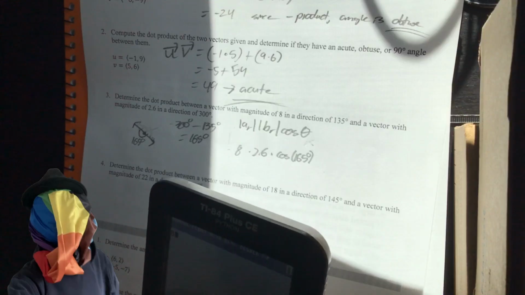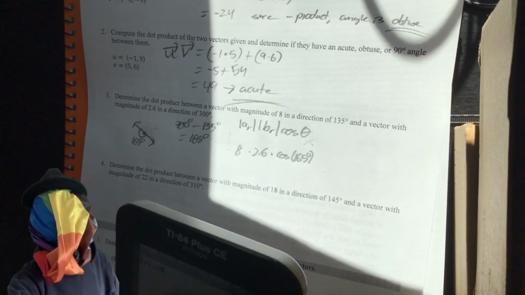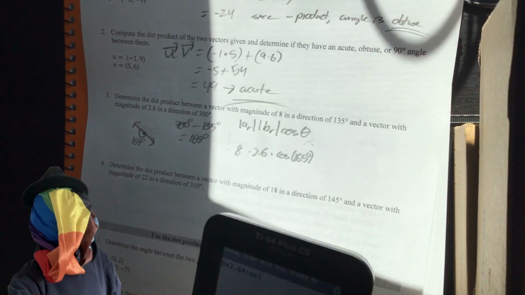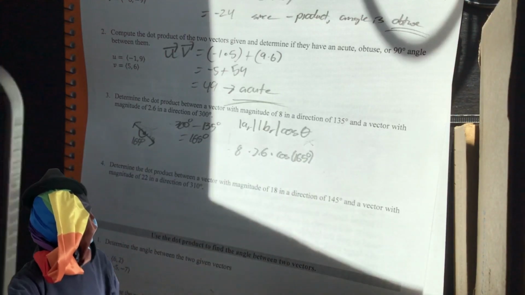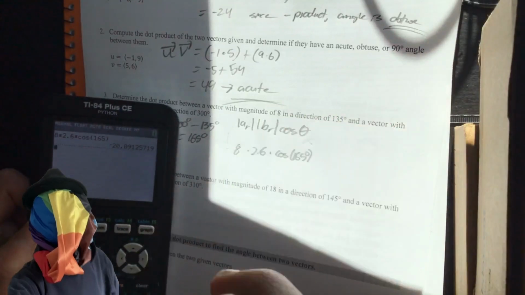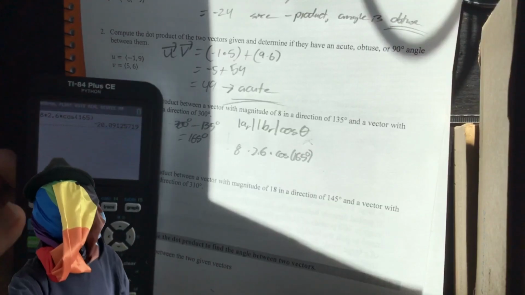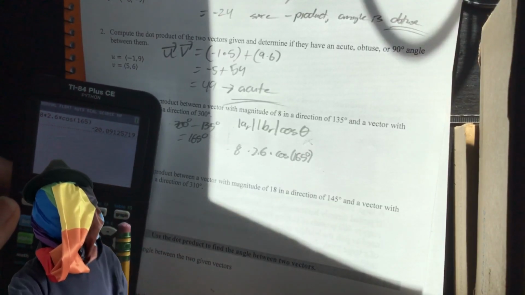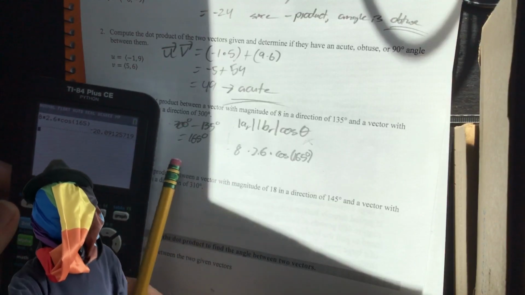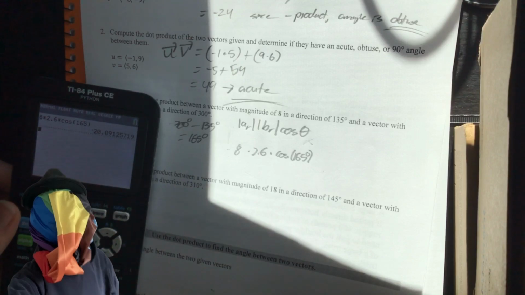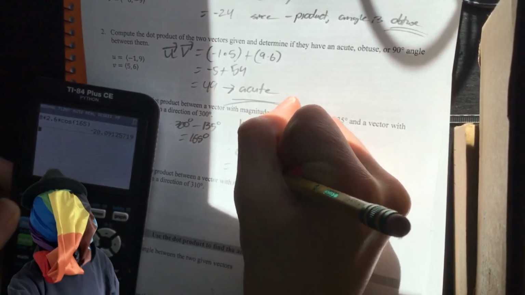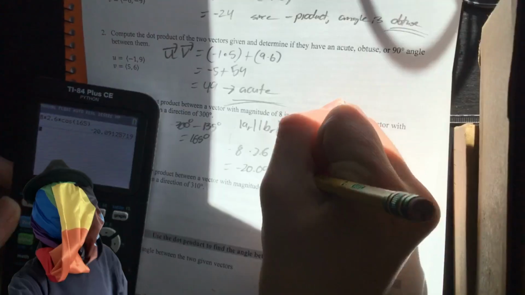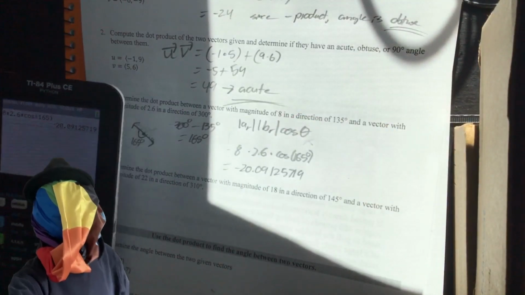So 8 times 2.6 times cosine 165, and we got -20. So as we all know, it's negative, so that means the angle is obtuse. But we already know that. So not really much more to say. -20.091257119. That's the number.